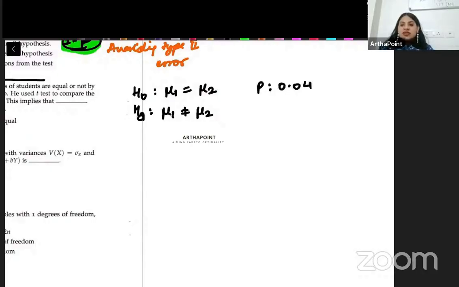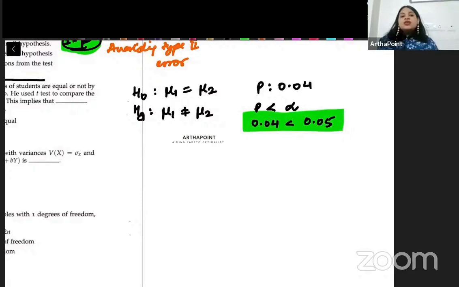So beta, this means that you should know p is less than alpha. 0.04 is less than the 5% level of significance if you take alpha at 5%. So this implies that there is a 4% probability that average marks are equal.